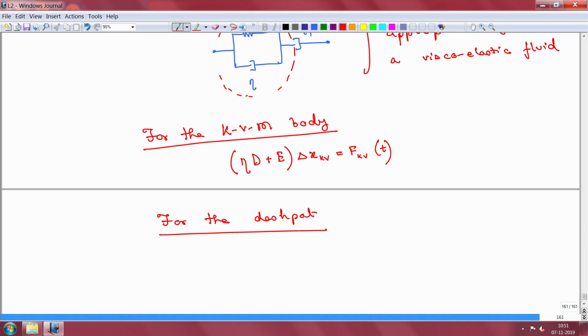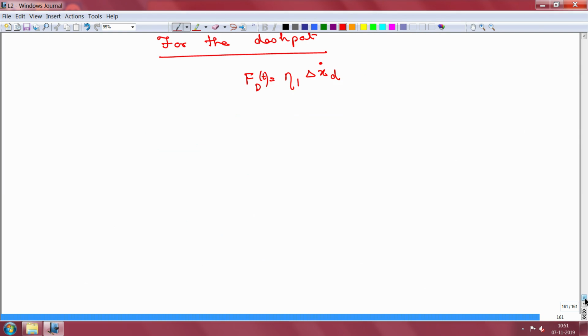So, when I am using that, you can understand that this force again is the force in this particular subsystem. Okay. So, for the dashpot, you again now have F d equal to eta 1 delta x dot d, right. And now we have to figure out what are the relationships between the different quantities.